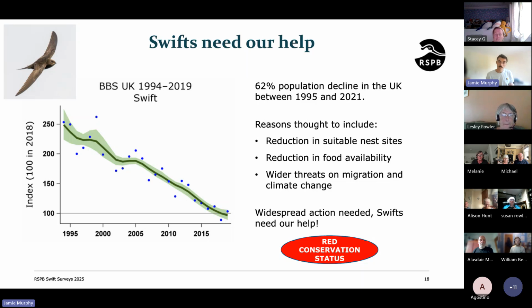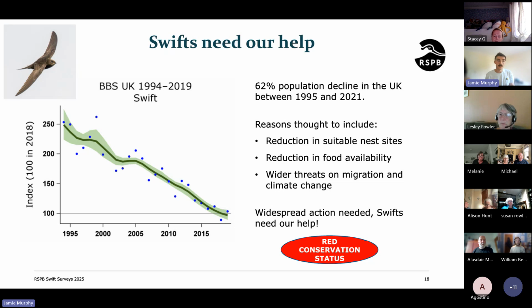As building standards have changed over time, as buildings have become better insulated, the gaps and the cracks that used to be there have been replaced with plastic soffits, for example, which mean that there's no gaps for the birds to nest in. We also know that insect availability generally has reduced a lot in this part of the world. So this could be a factor.